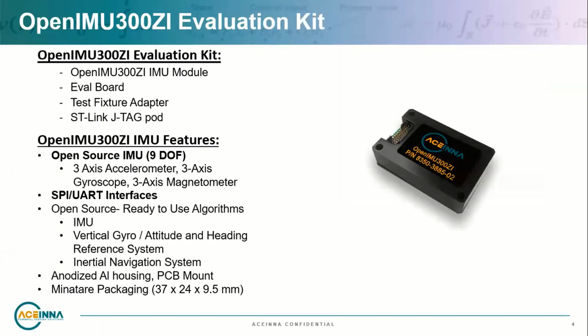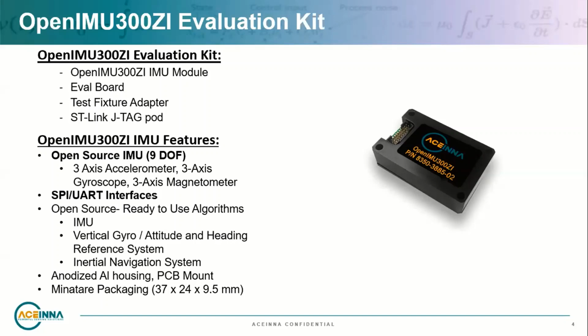Let's look at the main component, which is the OpenIMU300ZI. It is open source, a 9-degree of freedom unit with a 3-axis accelerometer, 3-axis gyroscope, and 3-axis magnetometer, and it has SPI and UART as an interface. As it is open source, we have ready-to-use algorithms available on our website. You can download them, change them according to your needs, and upload them to the unit. The IMU application algorithm gives raw data of accelerations and angular rates.